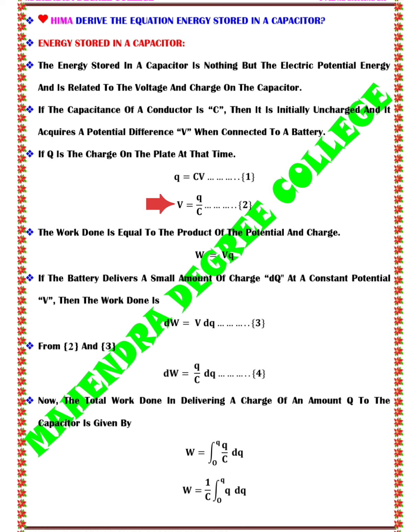The formula essentially states that the voltage across a capacitor is directly proportional to the amount of charge stored and inversely proportional to the capacitance. A higher capacitance means the capacitor can store more charge at a given voltage.